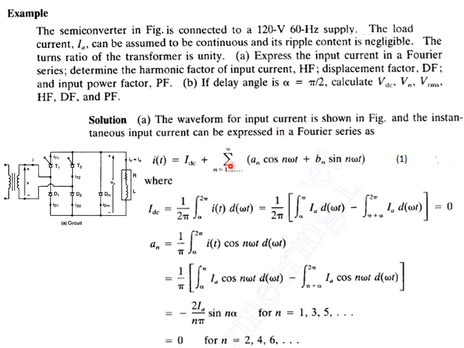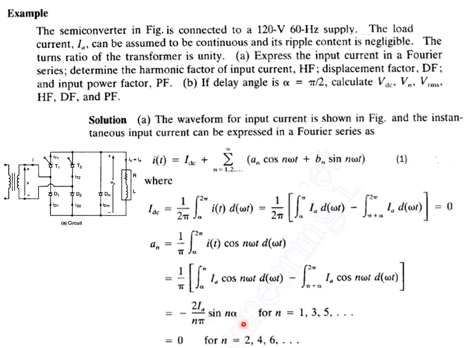Now what is an? an can be represented as 1 upon pi, integral alpha to 2 pi of i of t cos n omega t d omega t. Again we split it from alpha to pi and pi plus alpha to 2 pi. When I integrate, cos becomes a sine term with a minus sign, and we get the value minus 2 Ia upon n pi sine n alpha, because we are going to have n harmonics.